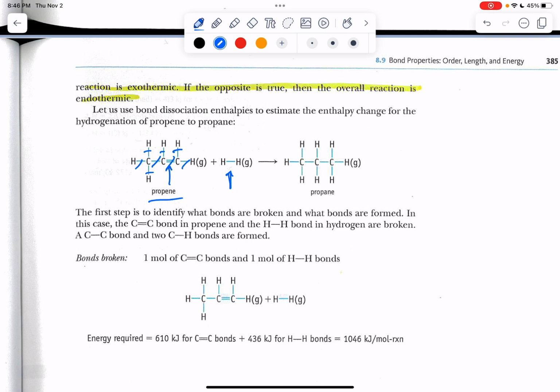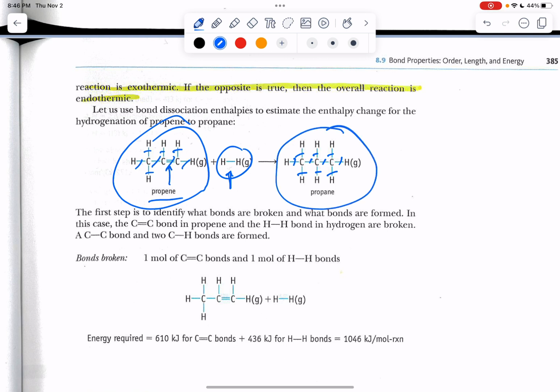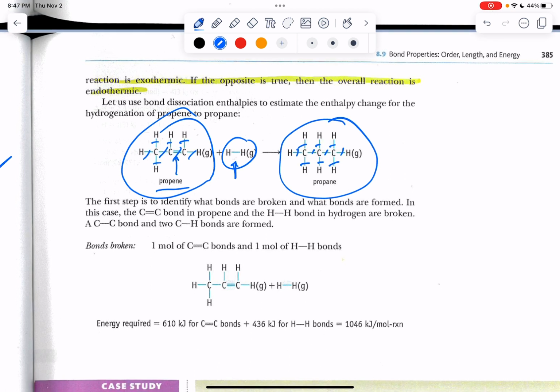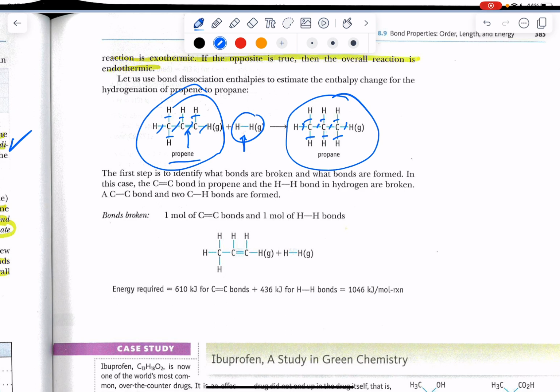Over here, we're going to make 1, 2, 3, 4, 5, 6, 7, 8 carbon-hydrogen bonds, and we're going to make 2 carbon-carbon bonds. And when you take all the energy it takes to break all of those bonds and add it together, and then subtract all of the energy you're going to get when you create those bonds, the net energy change should be very similar to the heat of formation for propane.